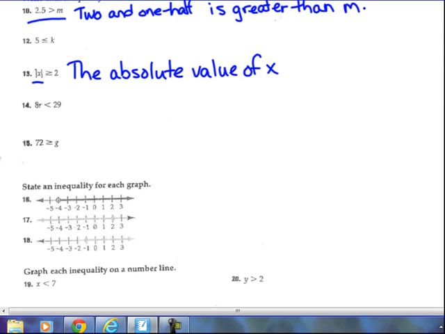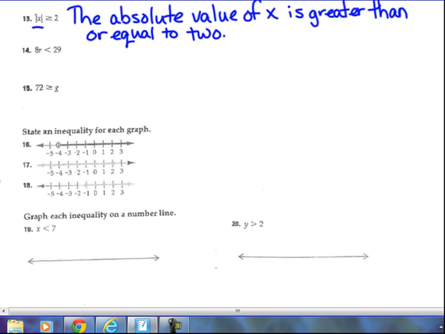So the absolute value of x is greater than or equal to, it's got both parts there, greater than or equal to 2. What number's x absolute value is greater than or equal to 2? The absolute value of x is greater than or equal to 2. That's what it's asking you.